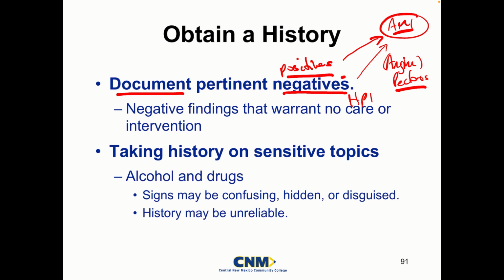So taking history on sensitive topics, we've kind of talked a little bit about that, but remember that patients may be uncomfortable physically, they may be mentally, emotionally uncomfortable, and so they've already got some things working against us. It makes it even more difficult if we add into the mix alcohol and drugs.